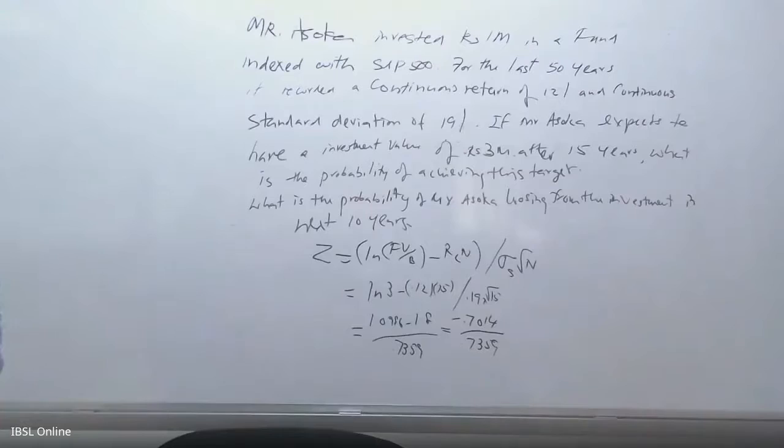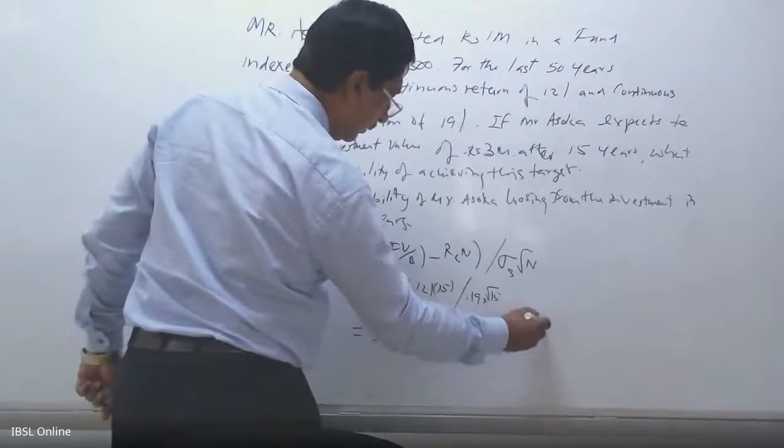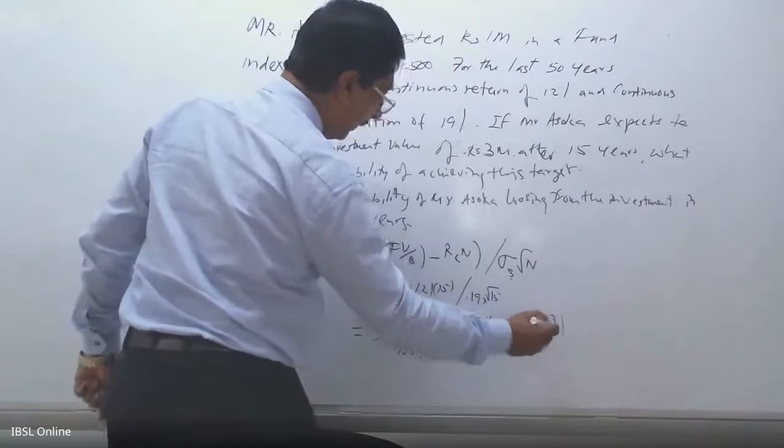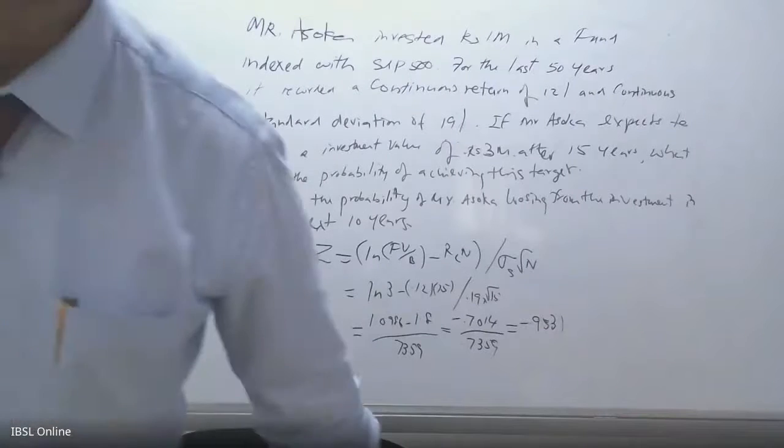So the answer will be minus 0.7014 divided by 0.7359. That is minus 0.9531. I think some of the people have got it correct, and those people got the answer.